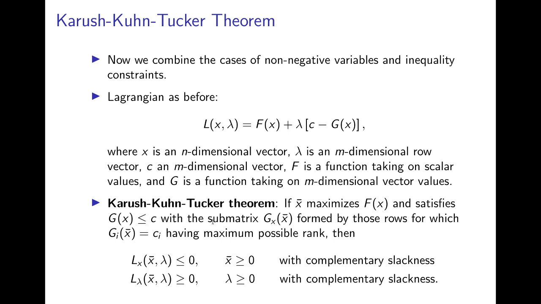Then the Karush-Kuhn-Tucker theorem would tell us that if x bar maximizes the objective function and it satisfies the constraints, again with the constraint qualification holding, then we must have that both complementary slackness conditions from the inequality constraints that we had before and from the non-negativity constraints need to hold. So we would have both of the situations.